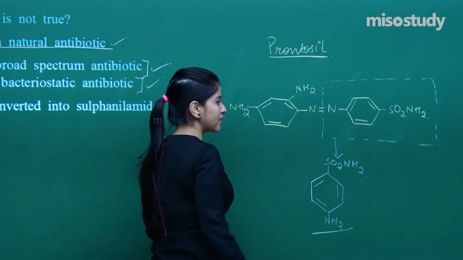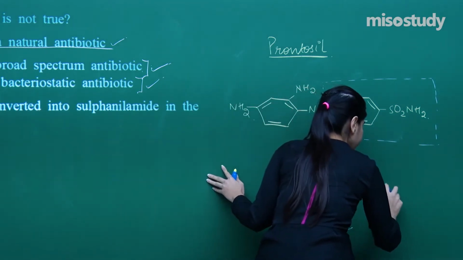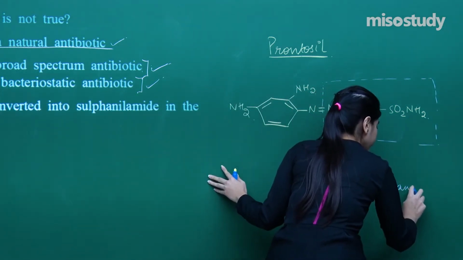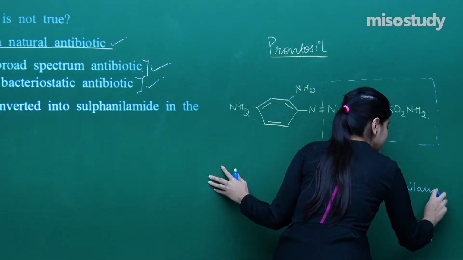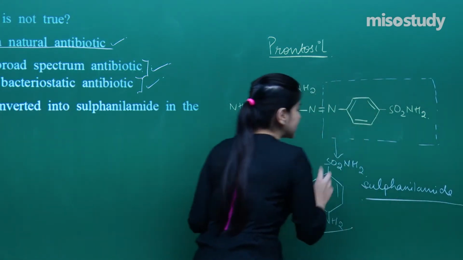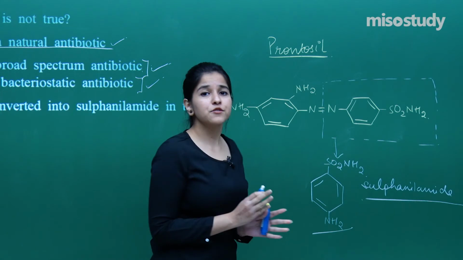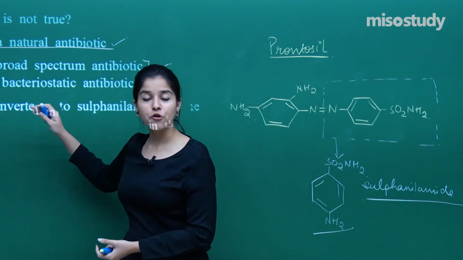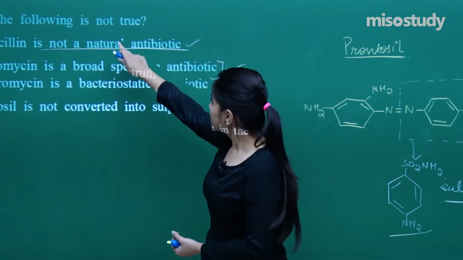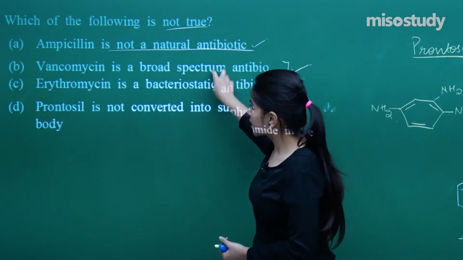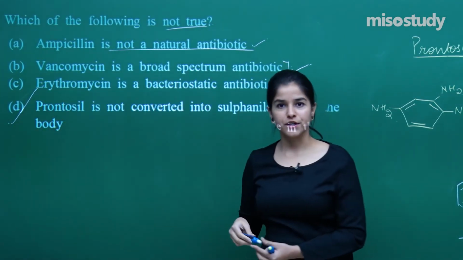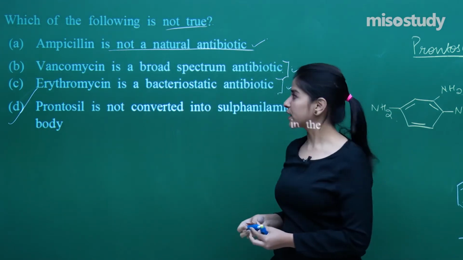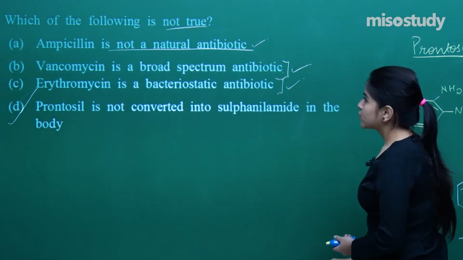So that is what sulfanilamide is. This is a class of sulfur drugs, and that means it makes the last statement incorrect or not true. We needed to find out the not true statement, we have got the not true statement. I hope everybody is clear with the fact here. Now let's just move on to the next question.